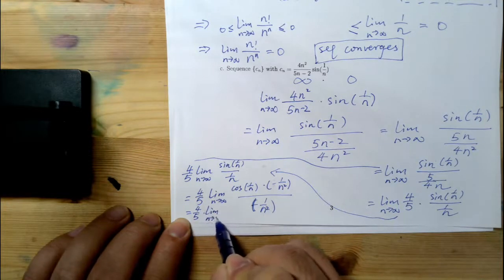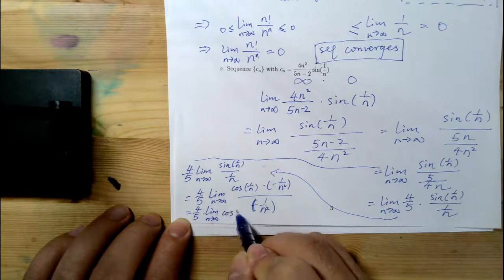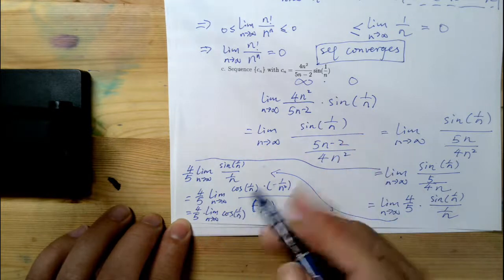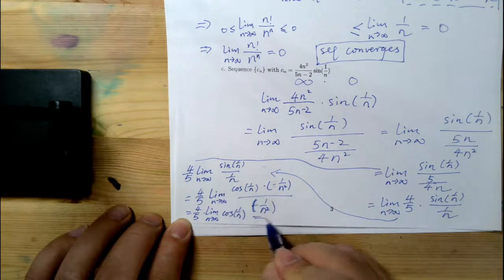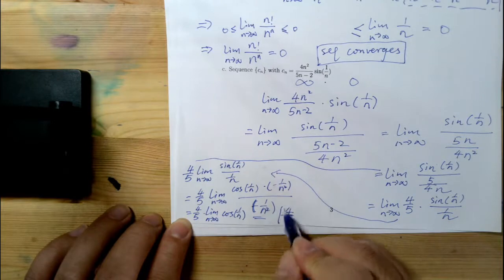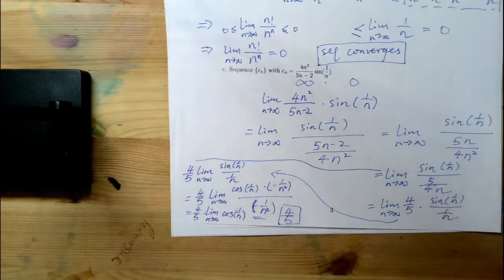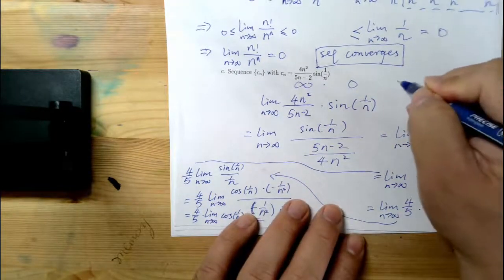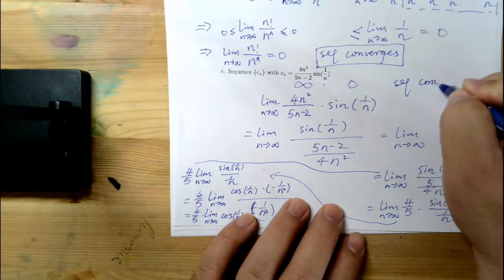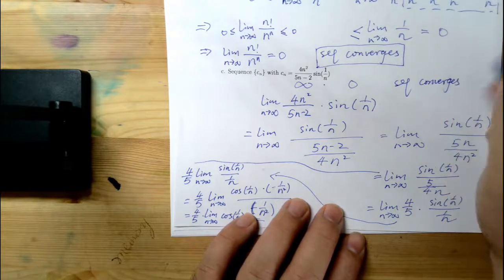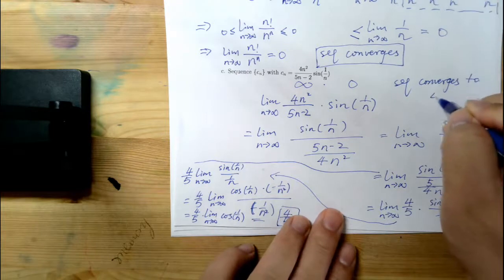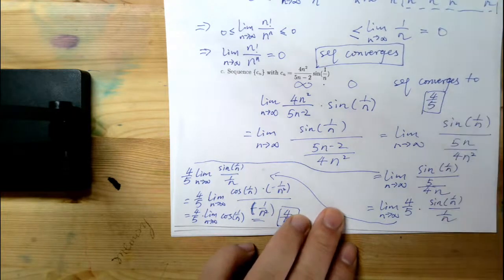As n goes to infinity, 1 over n is 0, and cosine of 0 equals 1, so this limit equals 4 over 5. So the sequence converges, and not only converges, it converges to 4 over 5.